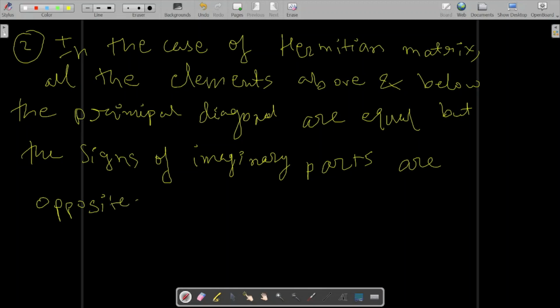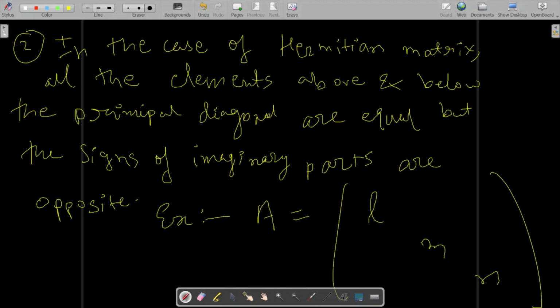Okay, let's take an example. Suppose I have a matrix of this kind, A is equal to L M N. So what does this say?